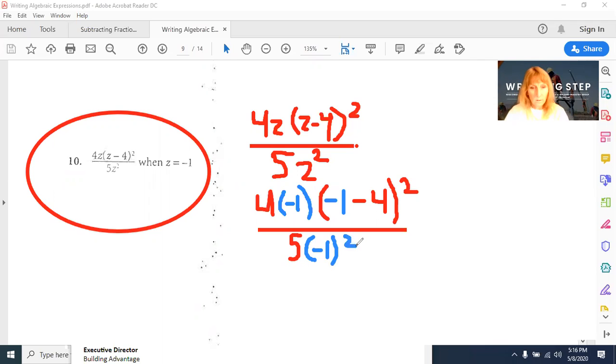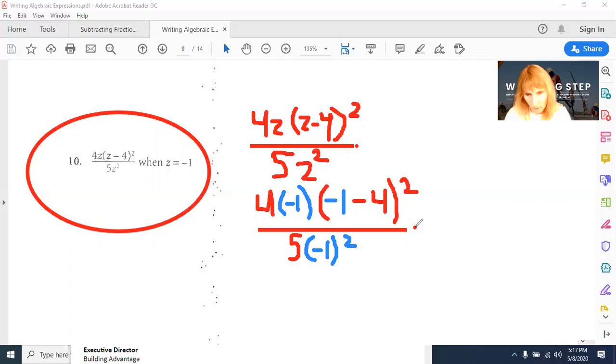Okay, so now what do we do? Well, we have to solve it. Do what's in parentheses first, PEMDAS, or another way of saying it is Please Excuse My Dear Aunt Sally. Please, parentheses; excuse, exponents; my dear, multiplying and dividing; Aunt Sally, adding and subtracting. So parentheses first.